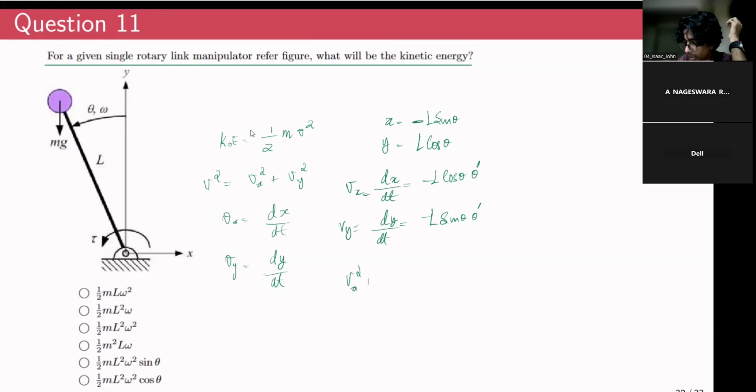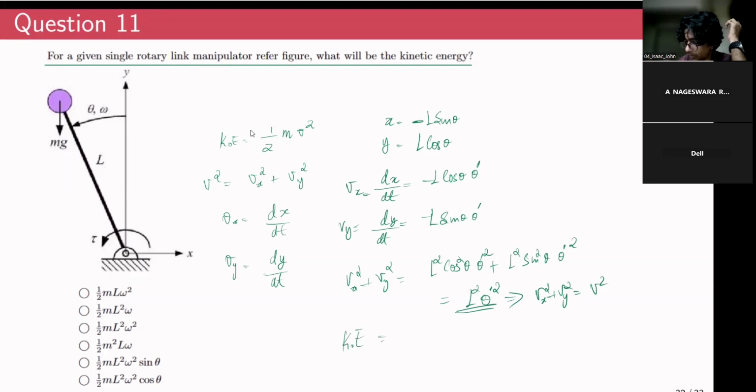So Vx square plus Vy square would be L square cos square theta, theta dot square plus L square sine square theta, theta dot square. This is nothing but L square theta dot square, which is the resultant velocity square.